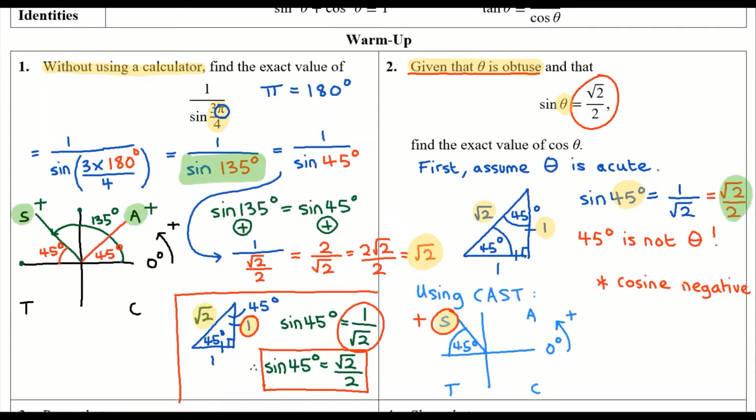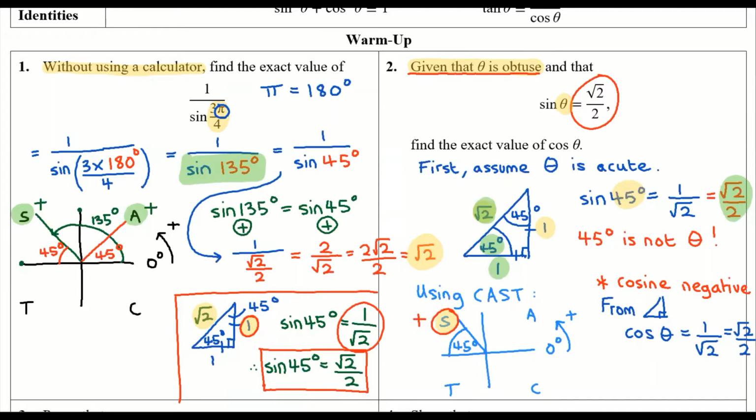Once we've established that on the CAST diagram, we can now go back to our triangle and just take the cosine of theta. Now, the theta, of course, is this 45 degrees here. But the cosine is going to be 1 over the hypotenuse. So from the triangle, the cosine of theta is going to be 1 over root 2, which is the same as root 2 over 2, which we established earlier.